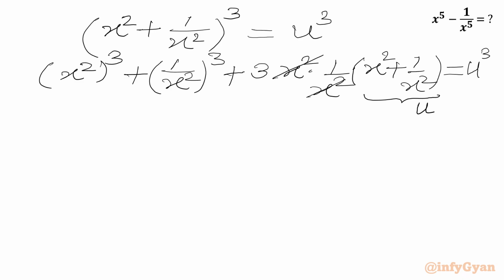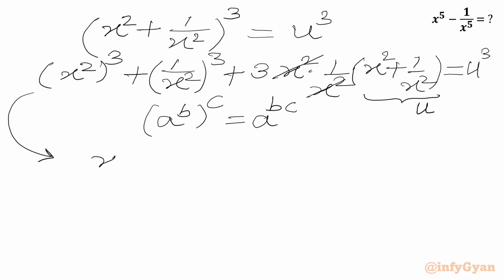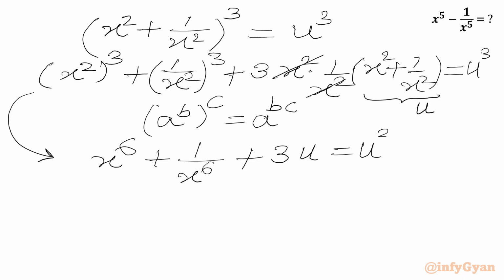Now we will use one powerful exponent law, a power b whole power c is equal to a power b times c. So I can write our equation: x power 2 times 3 is x power 6, plus 1 over x power 2 times 3 is 6, plus 3 times u equal to u cube.